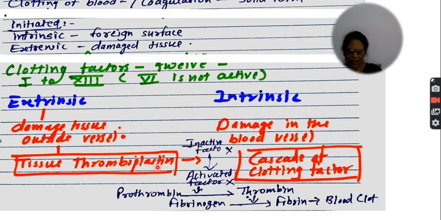Due to that damage of the tissue, or due to the bacterial infection of the microorganism, here the inactive factor is converted into an activated factor.